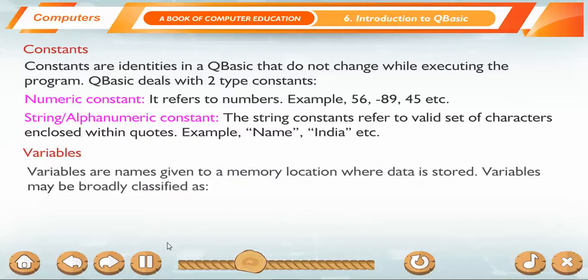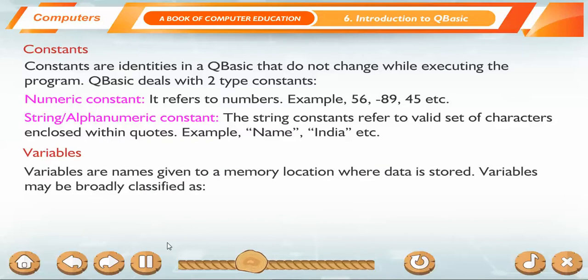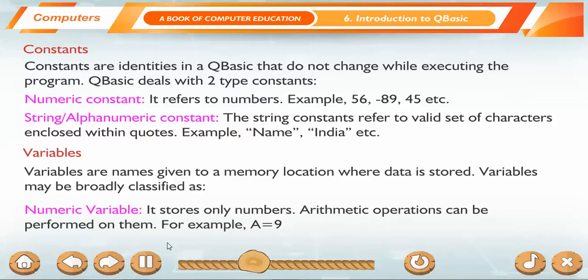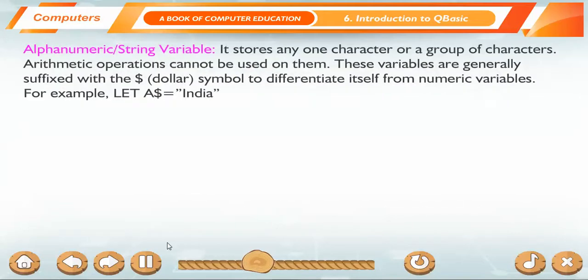Variables. Variables are names given to a memory location where data is stored. Variables may be broadly classified as numeric variable. It stores only numbers. Arithmetic operations can be performed on them. For example, A = 9. Alphanumeric or string variable.